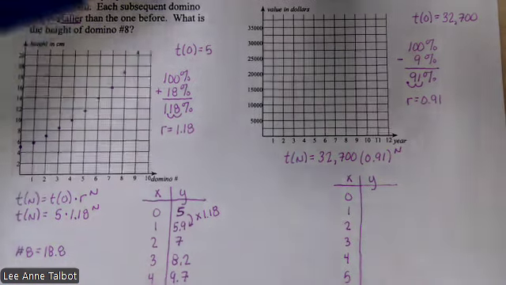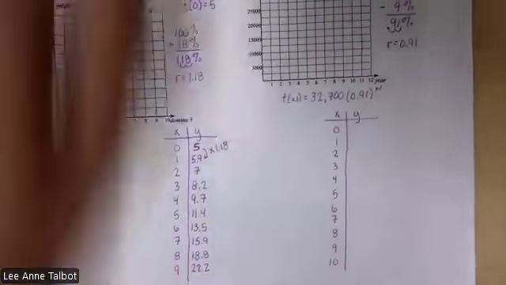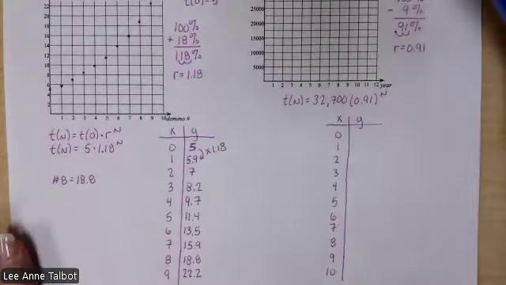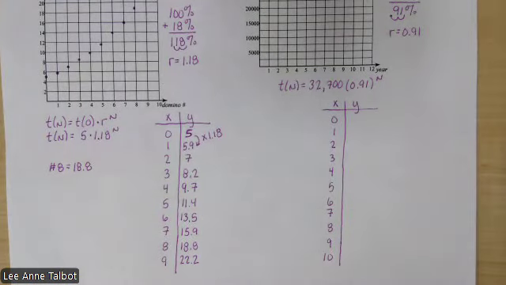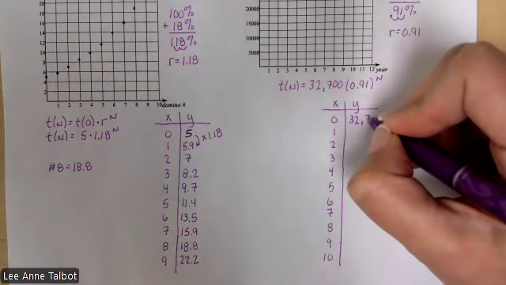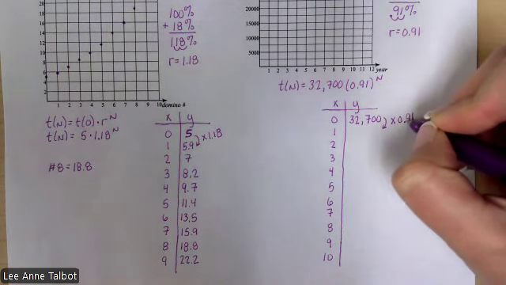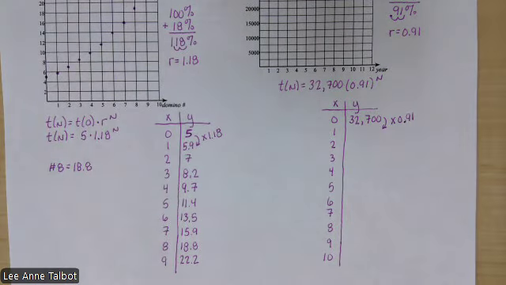So I made my table go to 10. Start with 32,700 and multiply by 0.91.